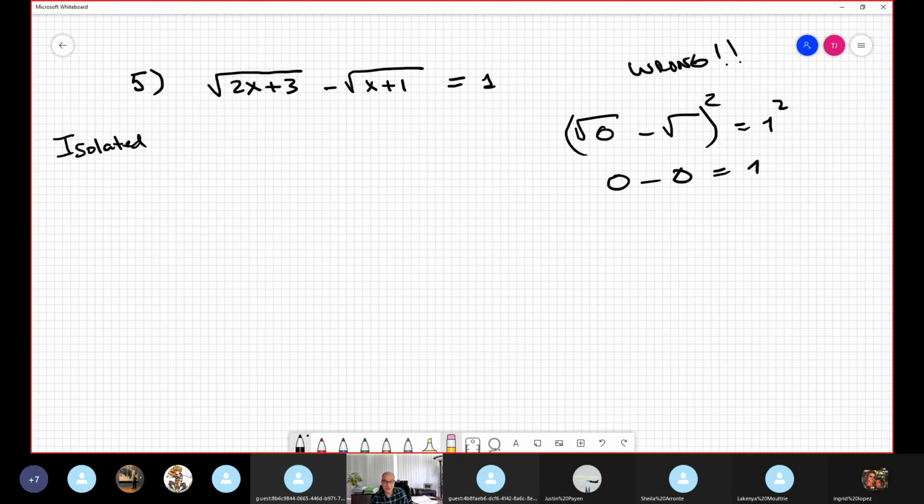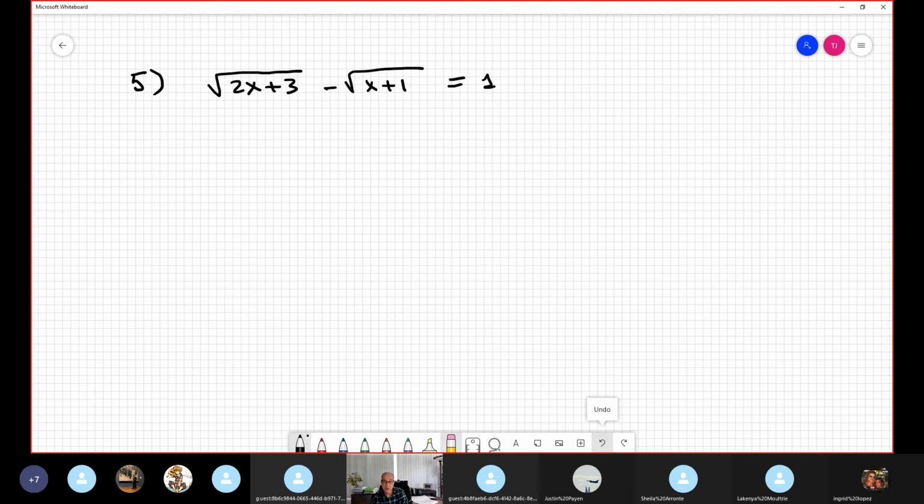You need to isolate one radical. In this case, this is the new thing that this problem brings, no? The 2 radicals are located on the left hand side. So you make a decision about which radical you want to isolate. For example, I want to isolate the first one.